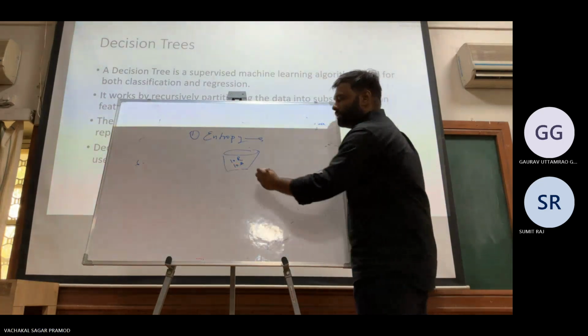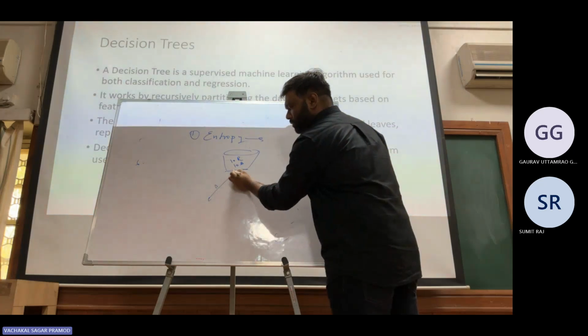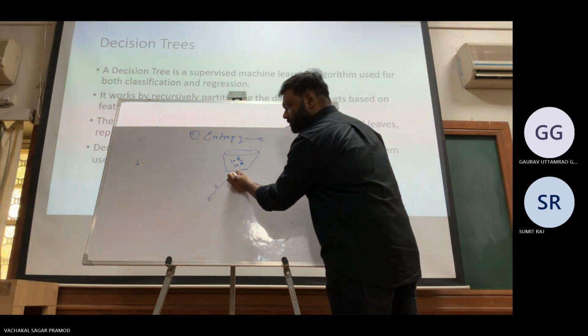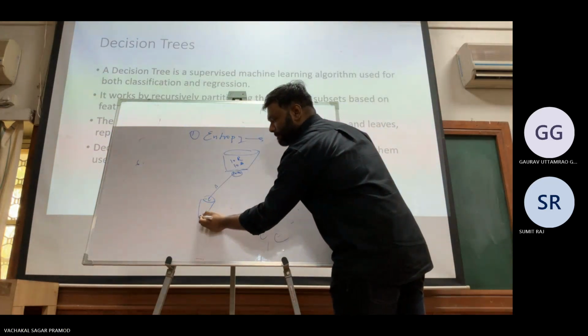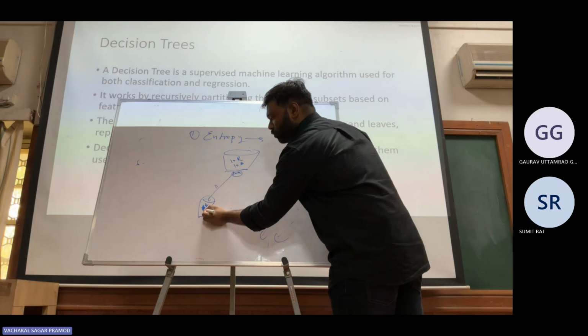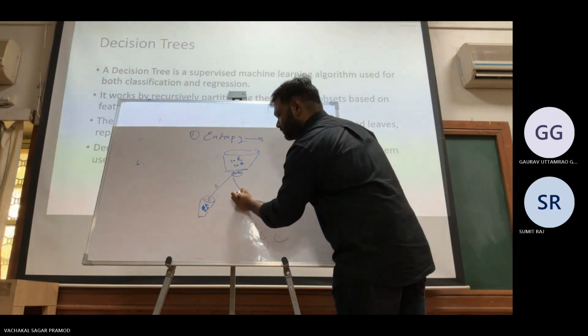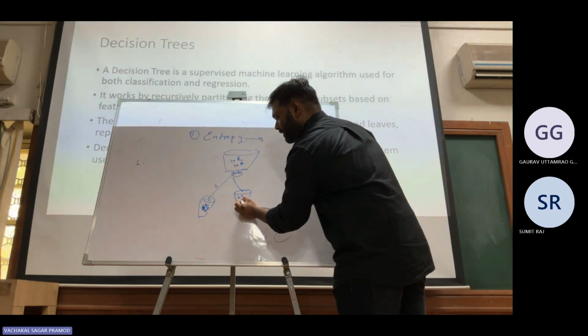Now you choose some decision-taking node here, and finally your buckets come out to be: this bucket, maybe eight red, two blue, and this bucket, two red, eight blue.